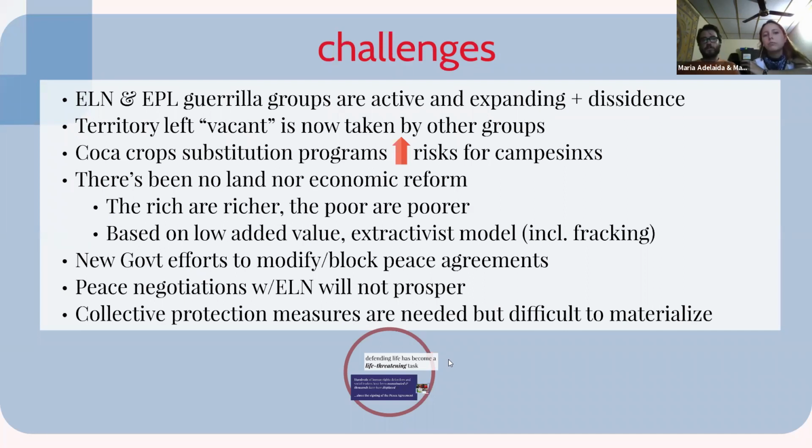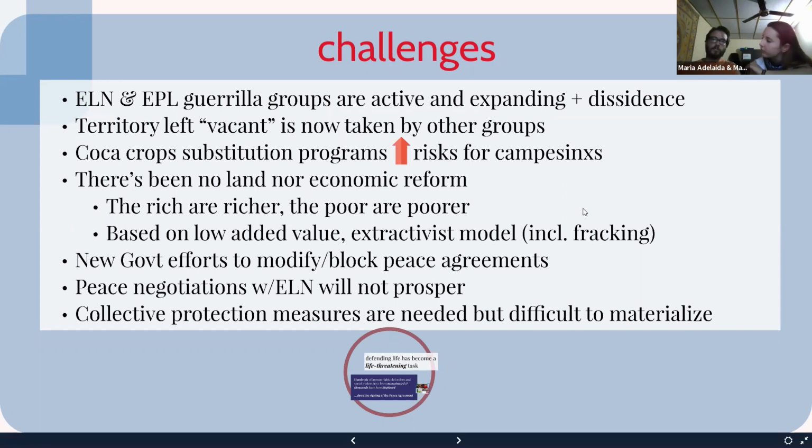And basically the rich are richer and the poor are poorer. We keep thinking on low added value goods and an extractivist model just to export to one of the biggest countries worldwide.